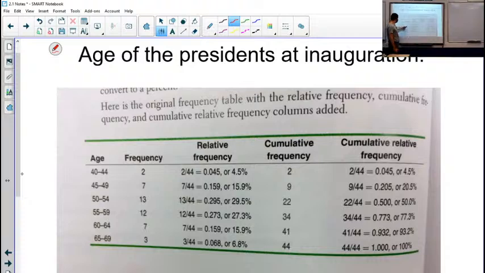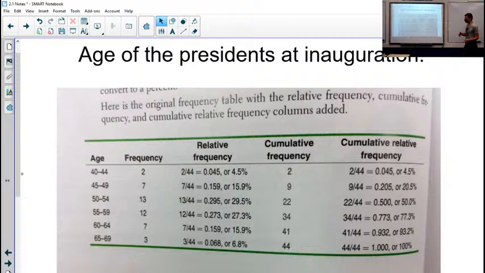50 to 54, we've got 13. So now we have a cumulative frequency of 22. So when we say cumulative frequency or cumulative relative frequency, it's a way of saying how many we've had so far. And that's what we keep track of.